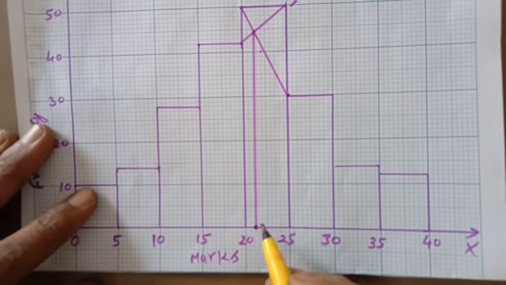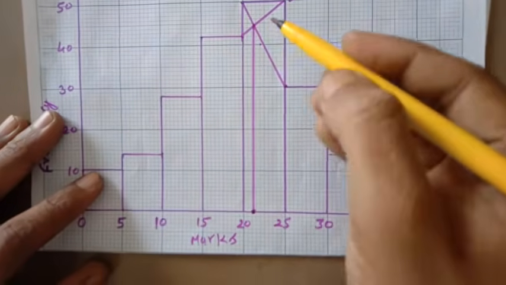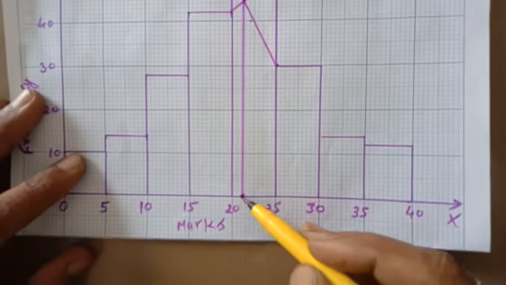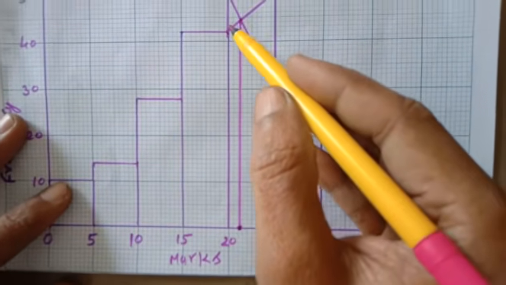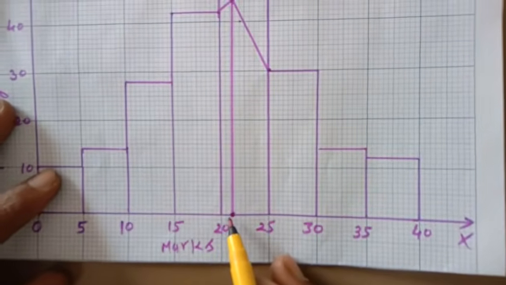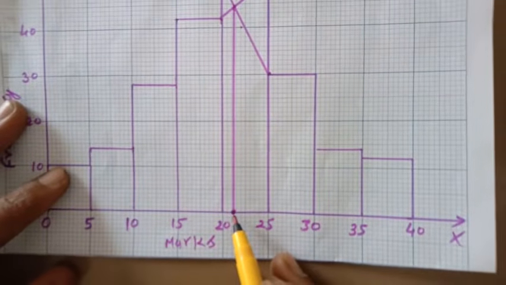We can see the intersection is between the first, second and third line. So this much is 21, and in the middle we can say 21.5 also.